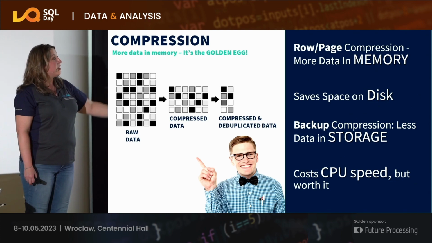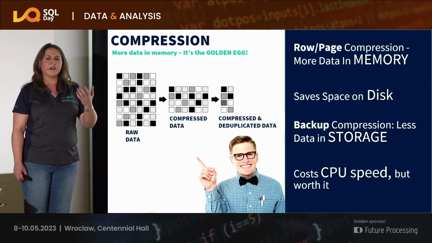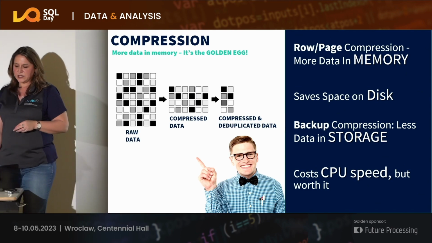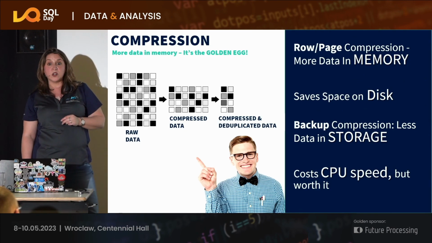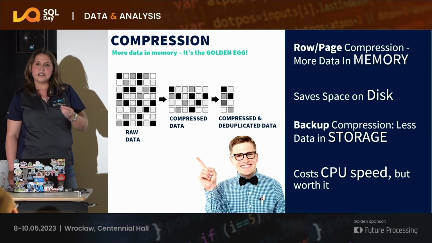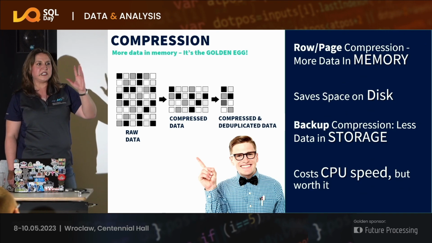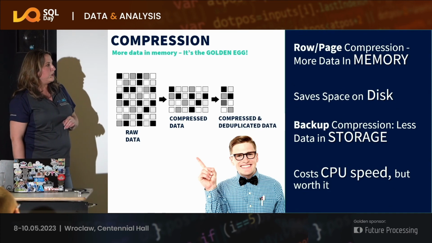So compression is good. It saves space. We can get more data into RAM, keep it in RAM longer, and take advantage of that performance gain. How much compression can you get? There are really wonderful scripts out there that allow you to look at your indexes and your tables, see how much space you can save by doing row or page compression, and see the differences in those numbers. So definitely take a look at that if you can.